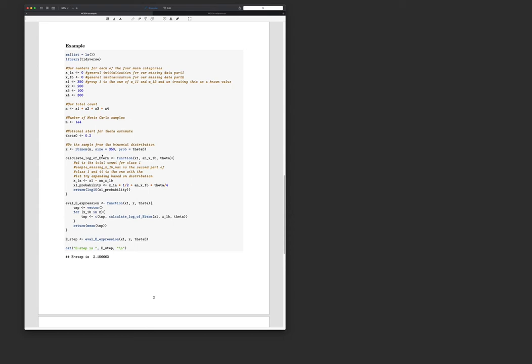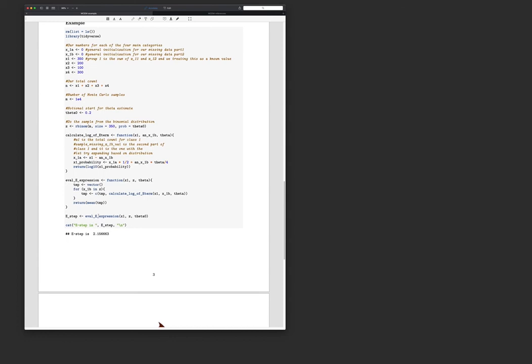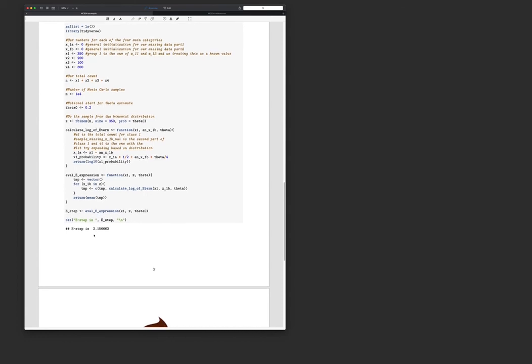And then we set up our sampling here. So this is that binomial sample with the x1 and the probability. And we do 10,000 samples here. We've got our functions to calculate the term and then to do our sums. And then we actually just go ahead and do that. And now we've got an E-step here.